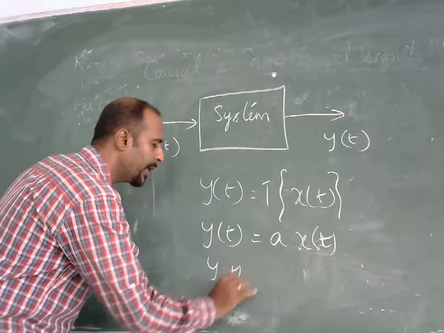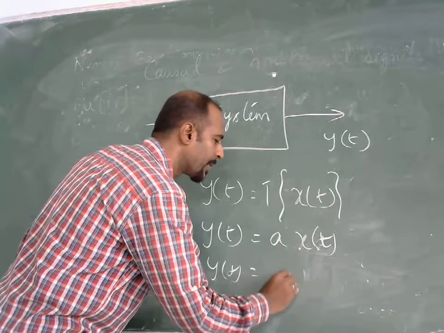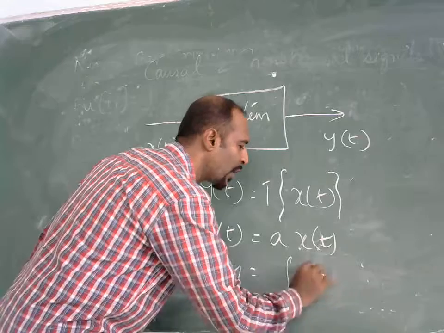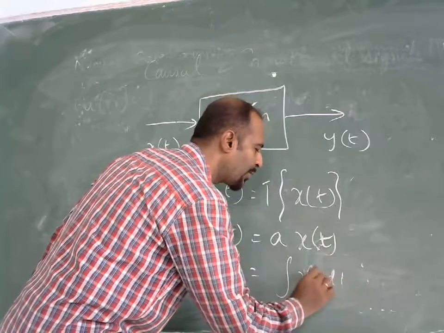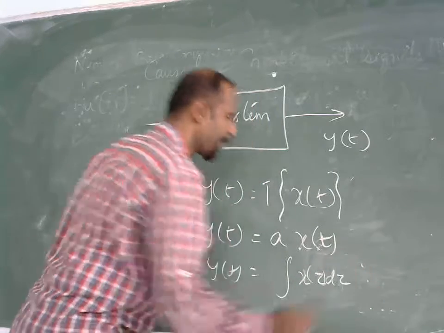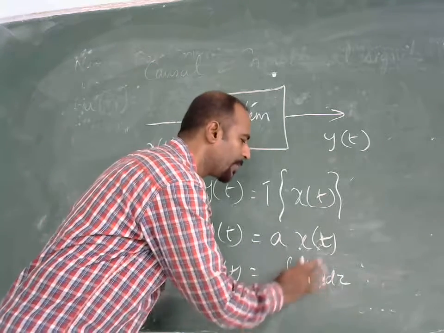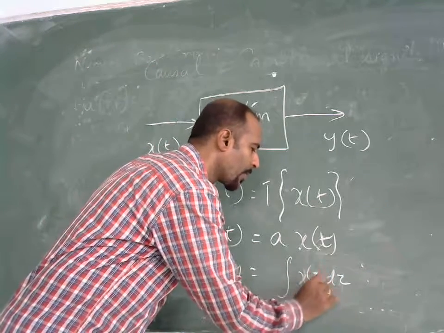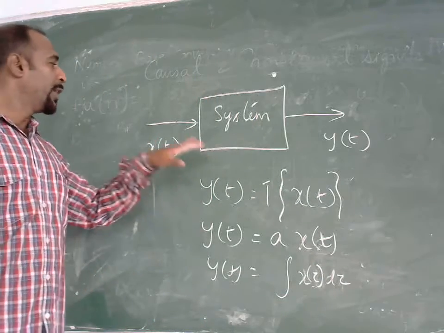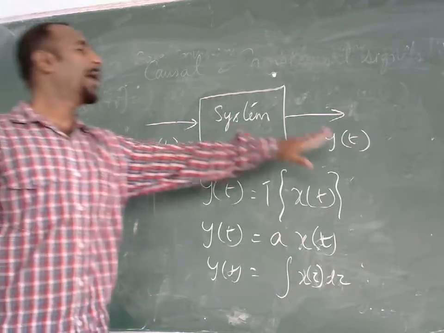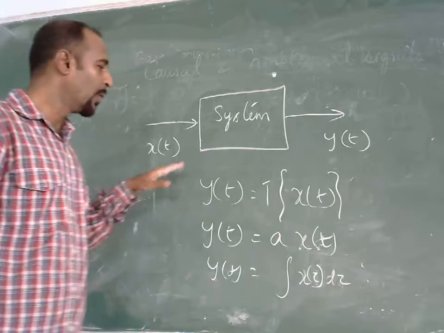Alright? Suppose y of t is equal to the integral of x of tau d tau. Simply we will take another example. We know x of t as an input, y of t as an output. That is all we know.